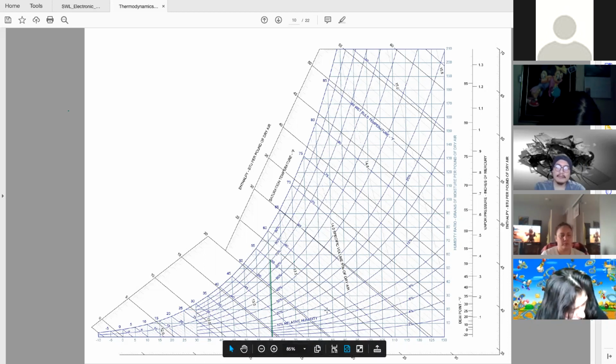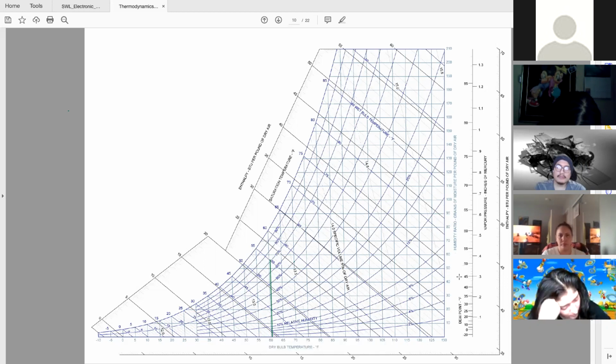See, here's relative humidity here. It tells you the humidity ratio going up the side. And then wet bulb temperatures are the diagonal lines coming down from the left to the right. Okay, good job, everyone.